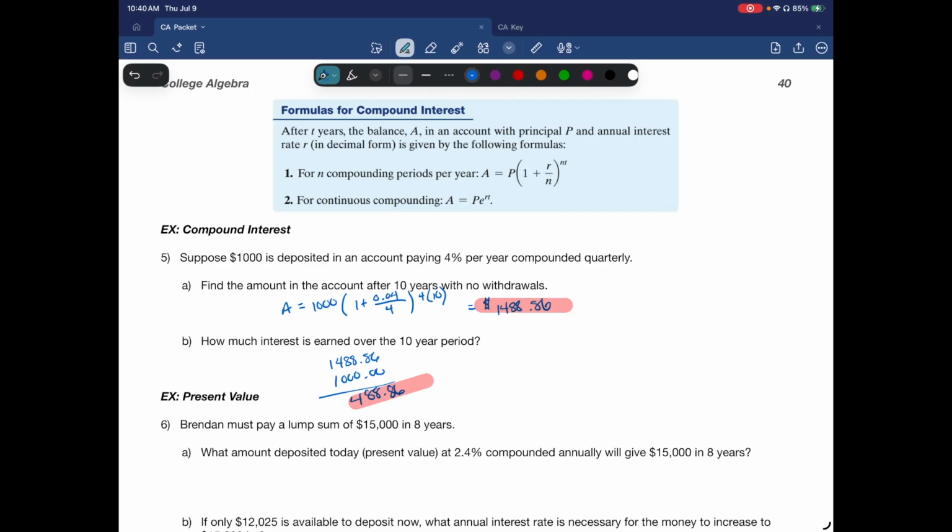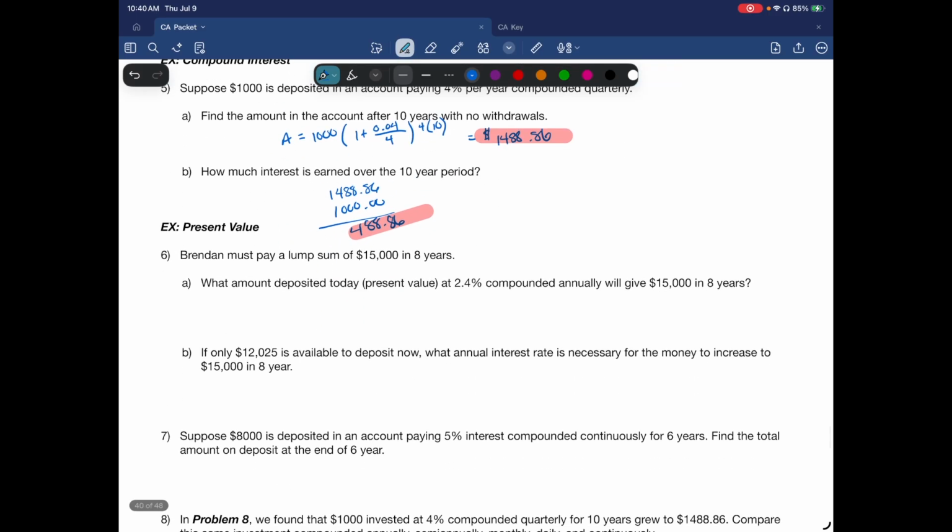All right. Present value. Brendan must pay a lump sum of $15,000 in 8 years. What amount deposited today, present value, at 2.4% interest, compounded annually, will give $15,000 in 8 years? Well, in this case, we know our formula, but the only thing we don't know is our principal, what we put in today.